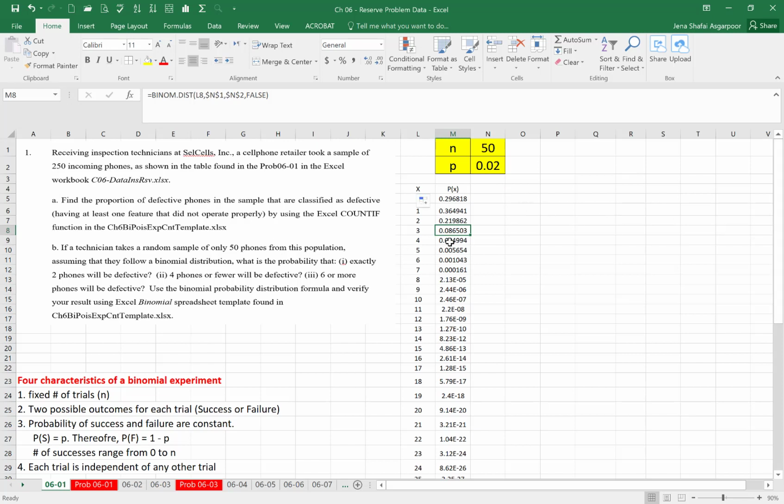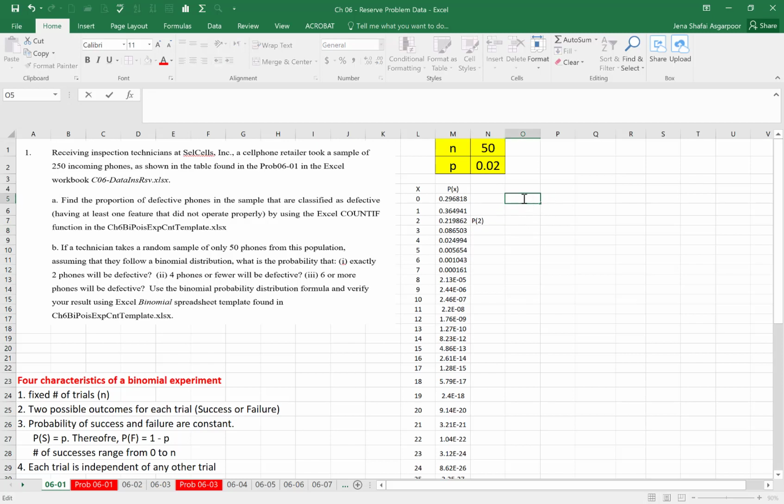So for the problem, there are two different ways that you can solve these. This one right here is the probability of exactly 2.